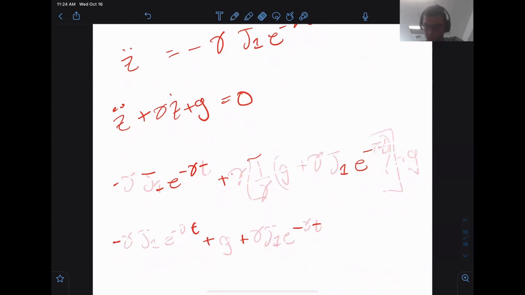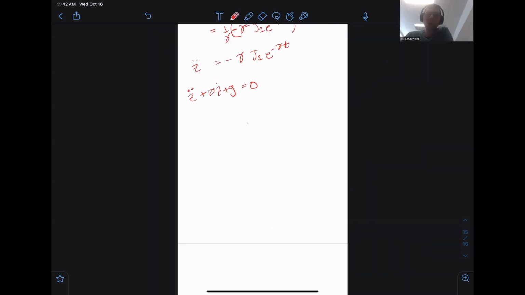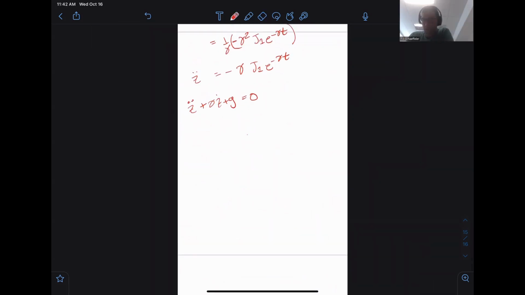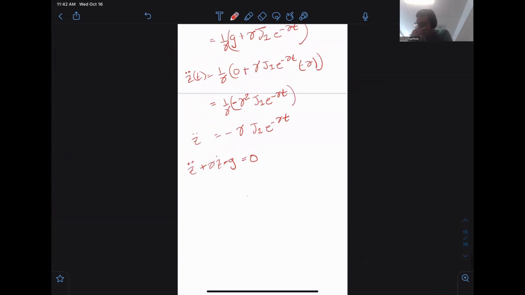Let me rewrite that. I didn't do a very good job here. Okay, there was actually nothing wrong with this equation of motion. Well, actually, this was just supposed to be minus g.